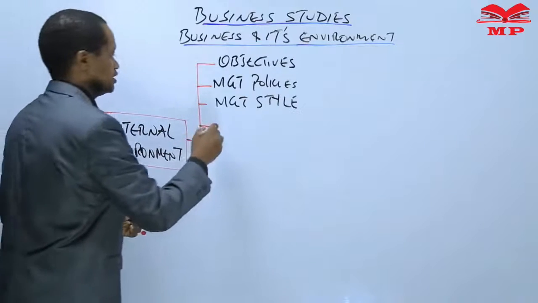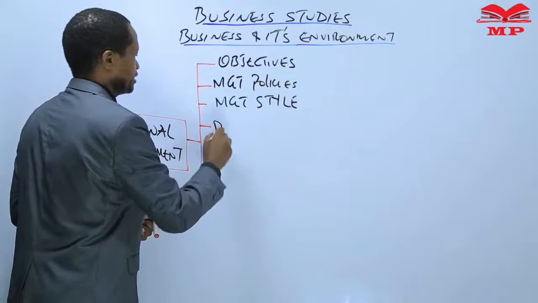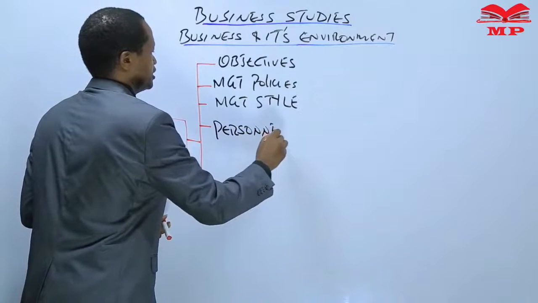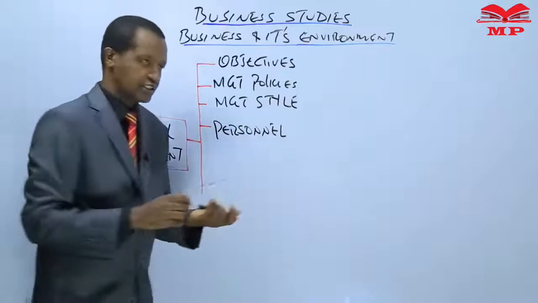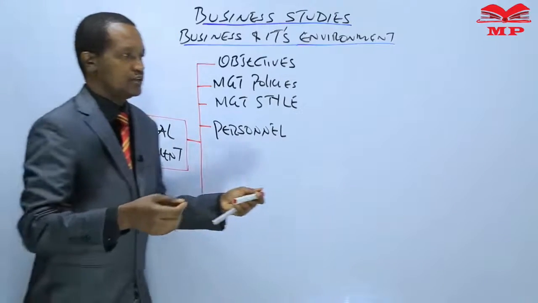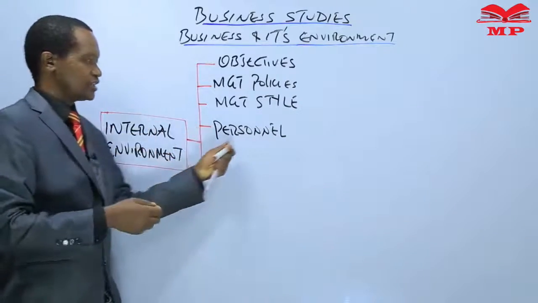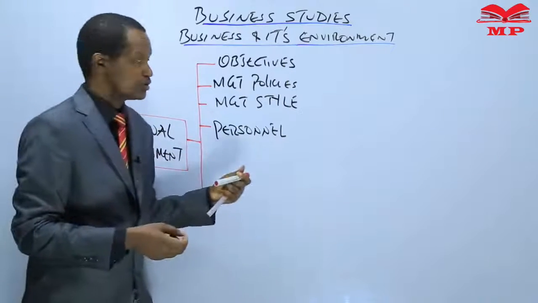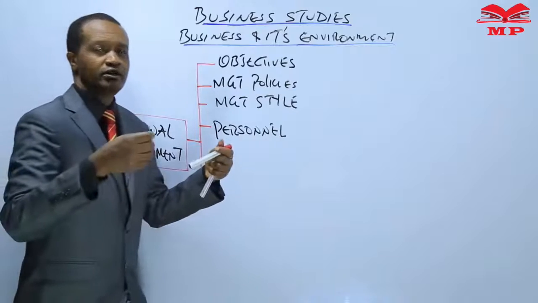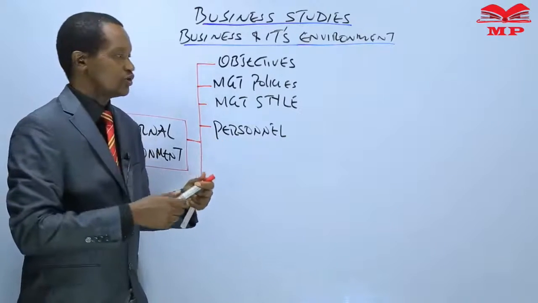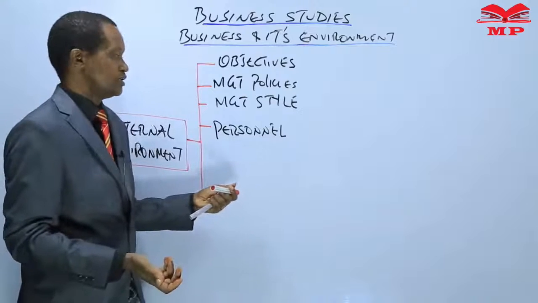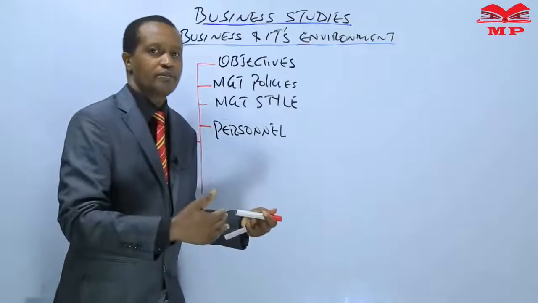And the next internal factor is in relation to personnel. Personnel. These are employees. This is viewed as an internal factor because it is within the control of the company to determine what kind of employees the company will hire.